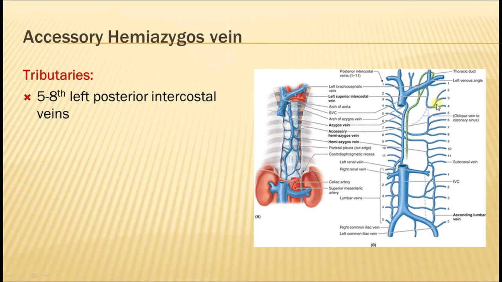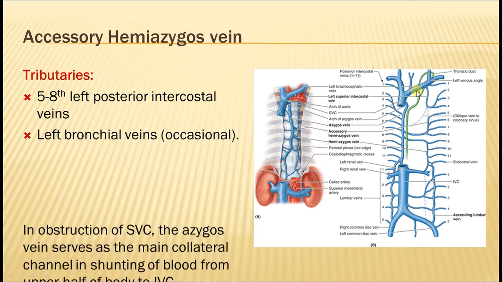The second, third and fourth form the superior intercostal vein, but that also drains into the left brachiocephalic vein. Only the 5th to 8th drain into the accessory hemiazygos vein. Occasionally the left bronchial veins also drain into the accessory hemiazygos vein. And the accessory hemiazygos vein, ultimately, at the level of T8 turns towards the right side and drains into the azygos vein.